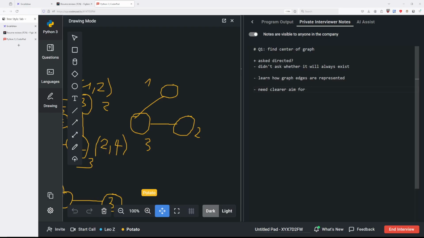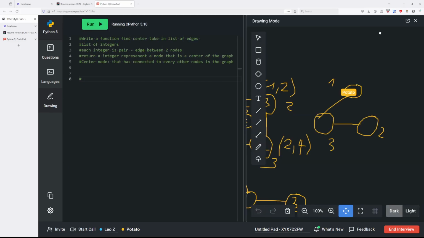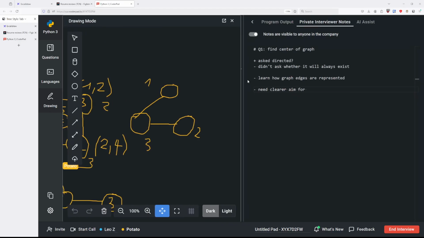Oh, let's say we have 3 nodes, and then the number of edges is 2 edges. Yep. Oh, okay, I see.